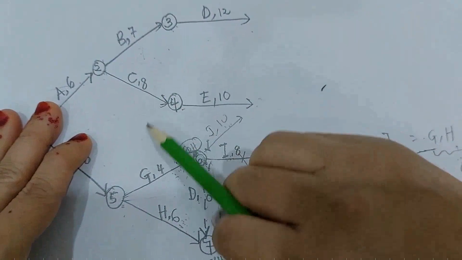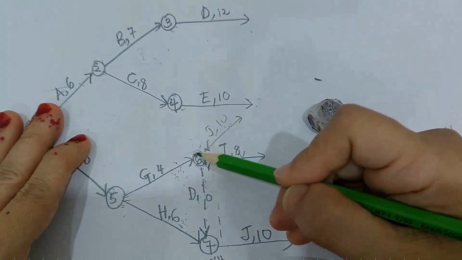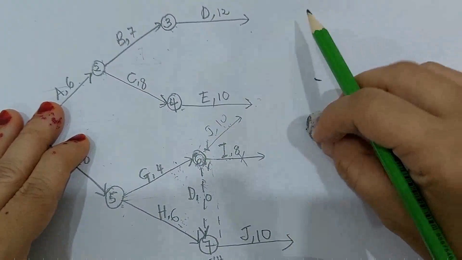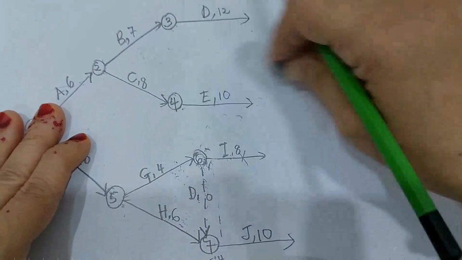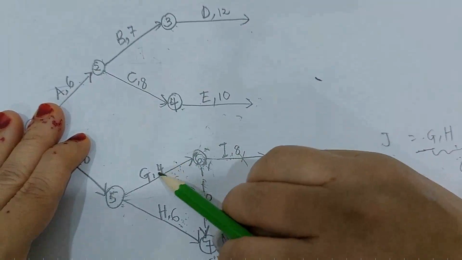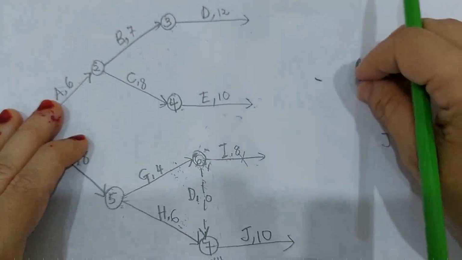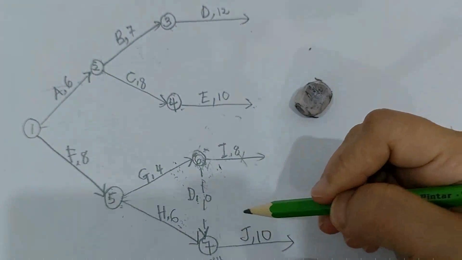But it depends on the question. If this point or this node has not been used by any activity as the predecessor, then it is allowed to draw your dummy line going upward. So your dummy line must only go downward for this example.